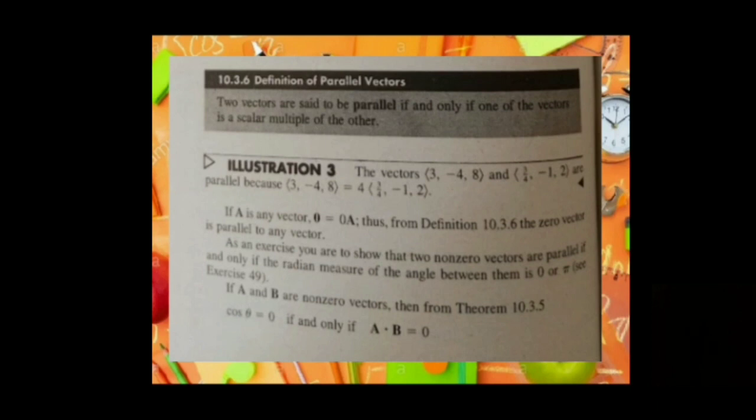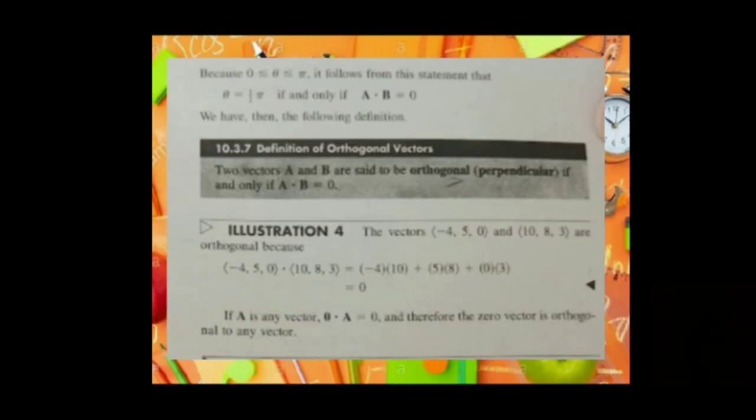If A and B are non-zero vectors, then from theorem 10.3.5, cosine theta is equal to 0 if and only if A times B is equal to 0, because 0 is less than or equal to theta less than or equal to pi.